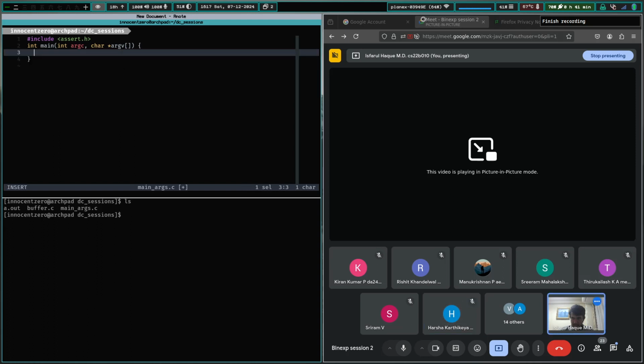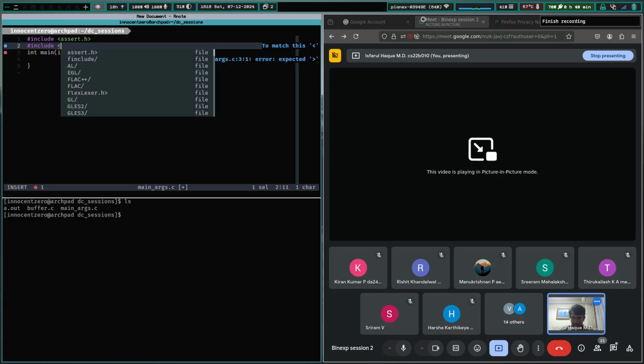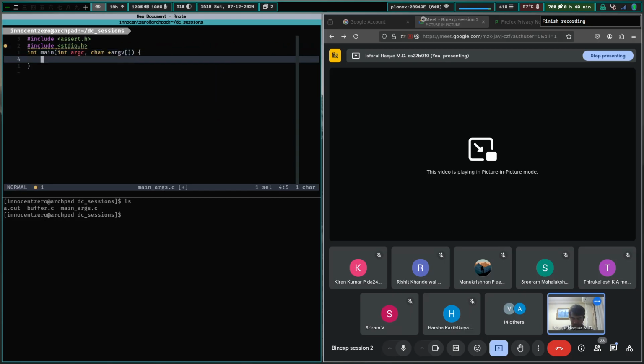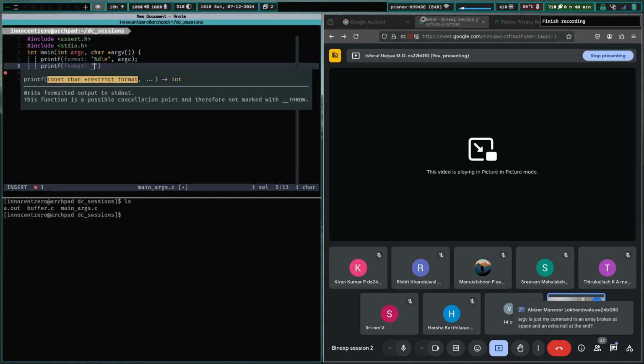See, length of argv I cannot show, but I can do asserts and show you. argv is just my command in an array broken by space and an extra null in the end. Yes, exactly.